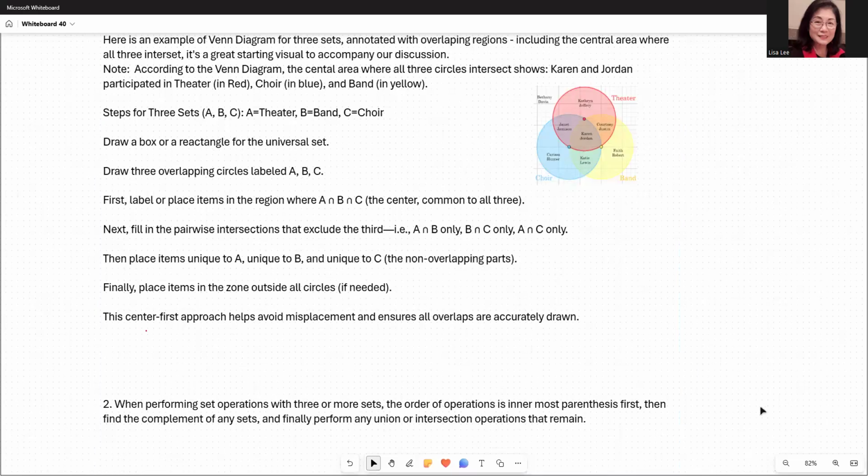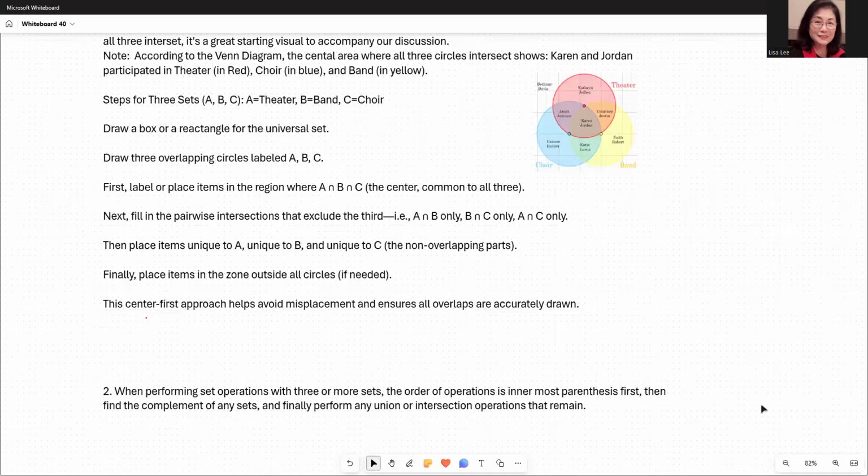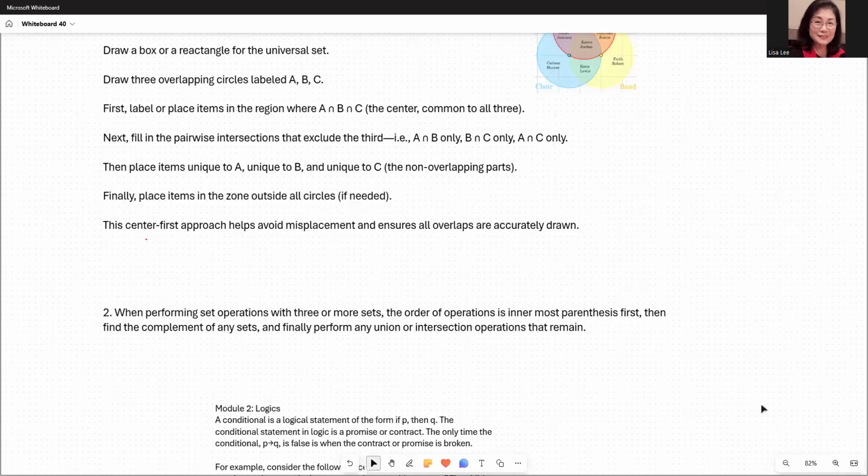We also want to emphasize one more point, number 2. When we perform set operations with 3 or more sets, the order of operations is: innermost parentheses first, then find the complement of any sets, and finally perform any union or intersection operations that remain.